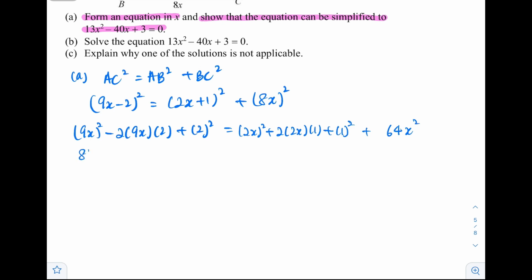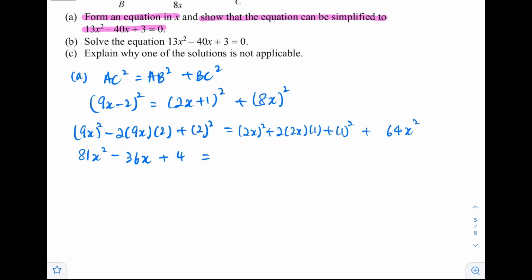Now let's simplify this expression first. (9x) squared is 81x squared, minus 2 times 9x times 2, which is, if you check with your calculator or do mental calculations, 36x, then plus 2 squared, which is 4.